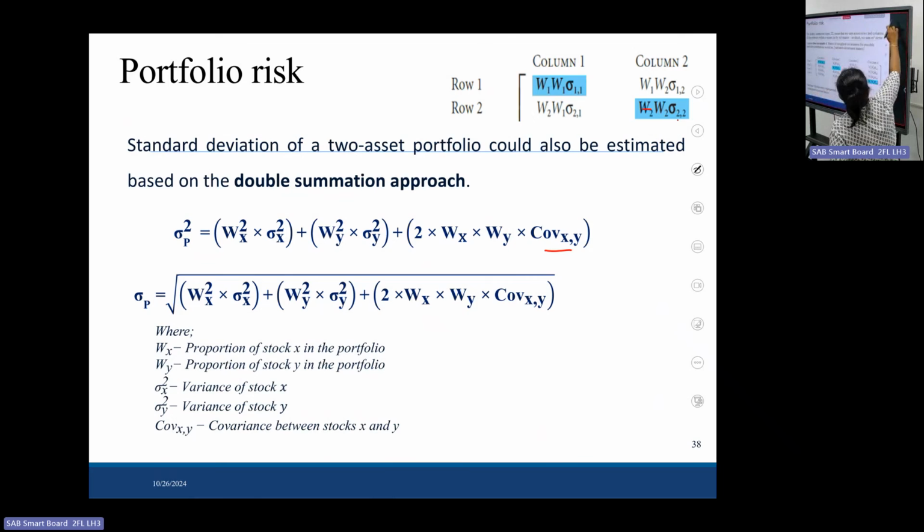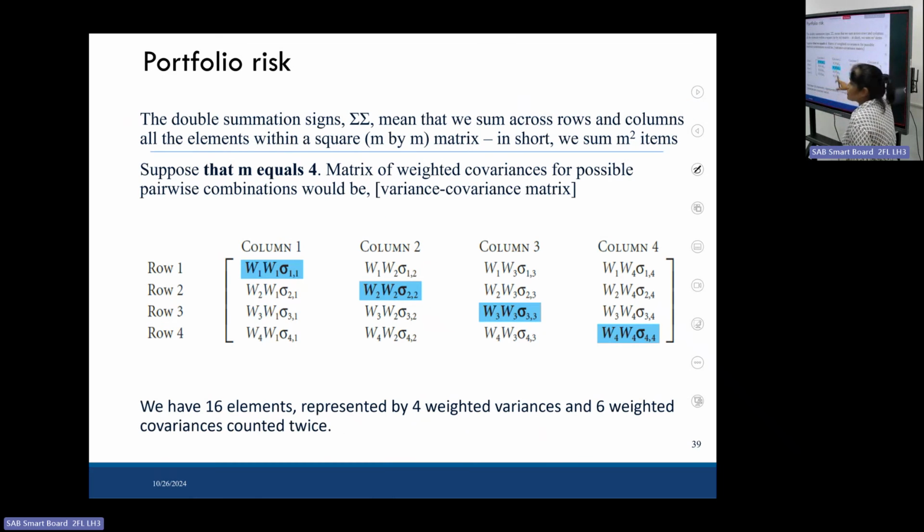Now suppose in your portfolio you have 4 stocks. So this is a 4 by 4 matrix. Now look at what is happening.